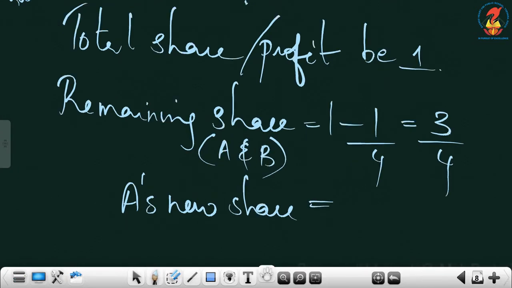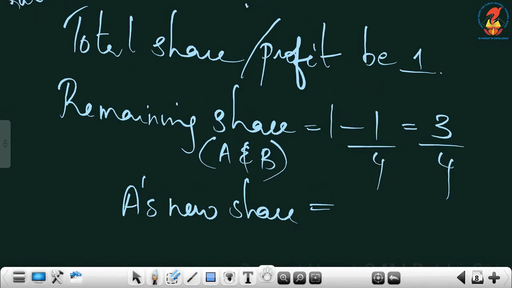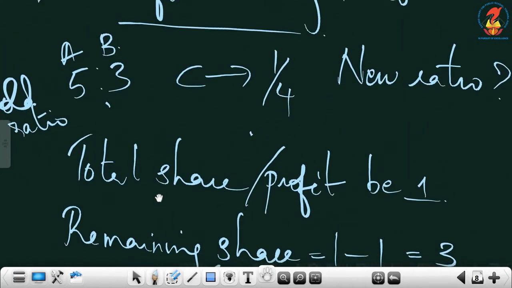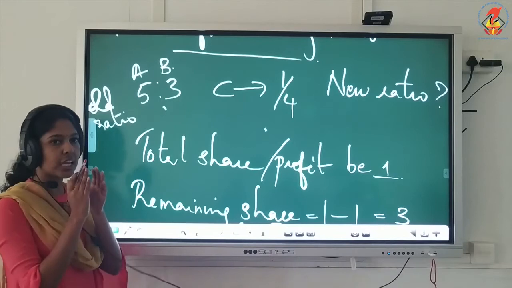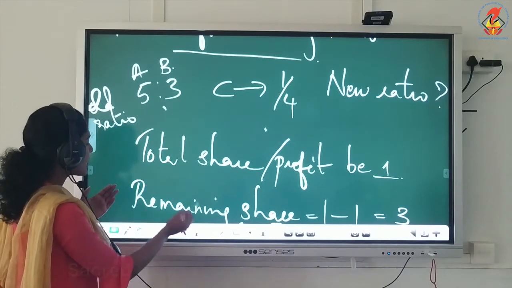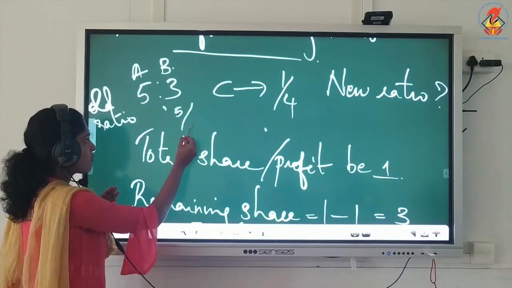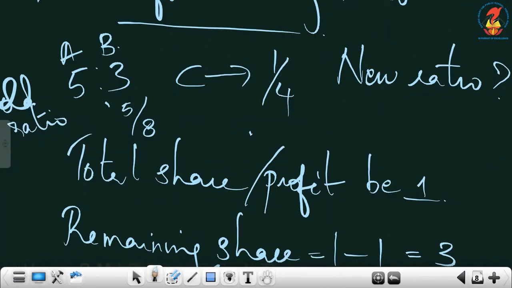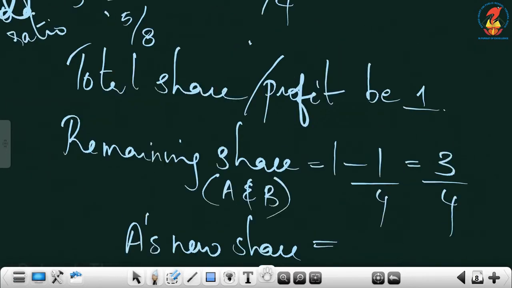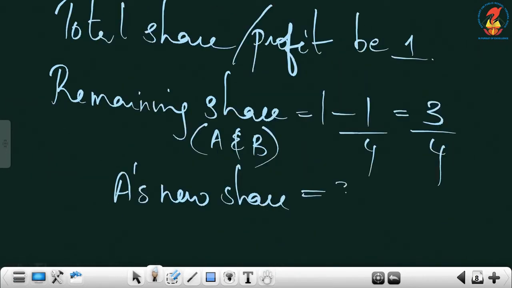Out of 3/4, A will be getting one proportion. 5:3 is the ratio between A and B, and A's proportion we can write as 5/8. How did we get 8? That is 5 plus 3. A's proportion is 5/8 and B's proportion is 3/8. So, out of 3/4, A will get 5/8. This is the calculation you have to do.